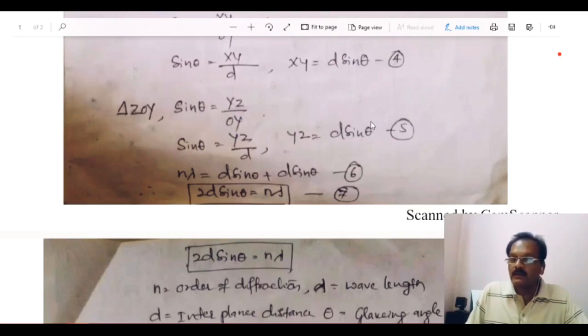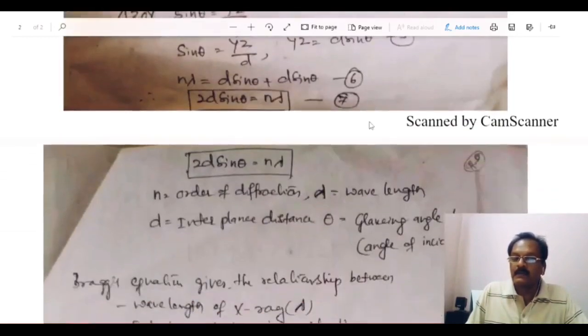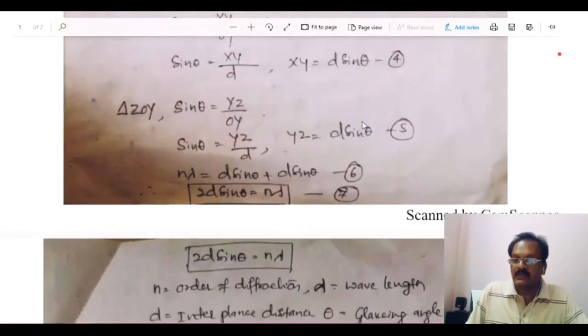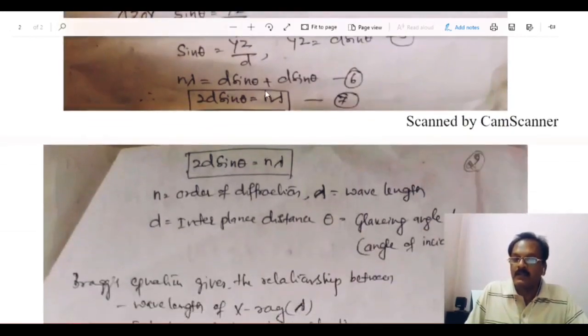From the equation, we have n lambda equal to XY plus YZ, and substituting the values of XY and YZ, we get n lambda is equal to d sin theta plus d sin theta, that is 2d sin theta equal to n lambda. So this is called Bragg's equation.